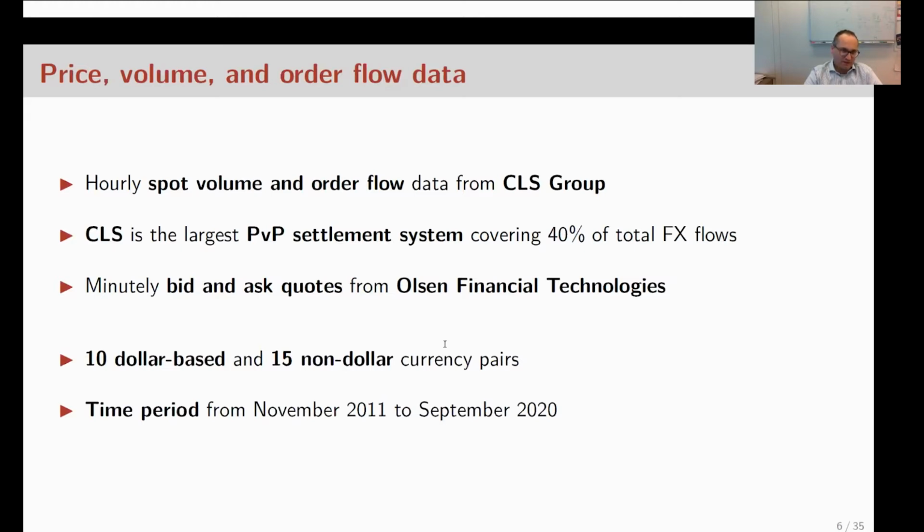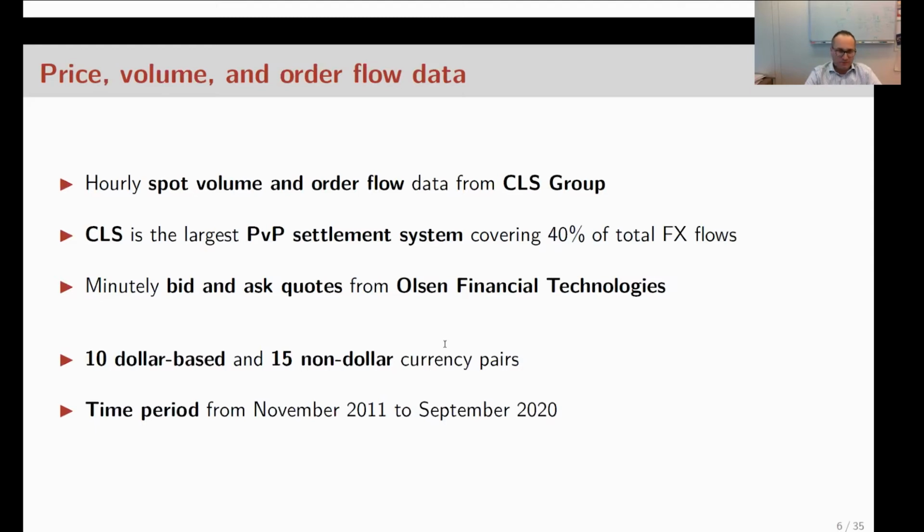And it does so by providing the largest payment versus payment settlement system in the world, and handles a very large chunk of the total FX flows that are happening every day. And we know that these are extremely big, to the tune of about $6 trillion per day.